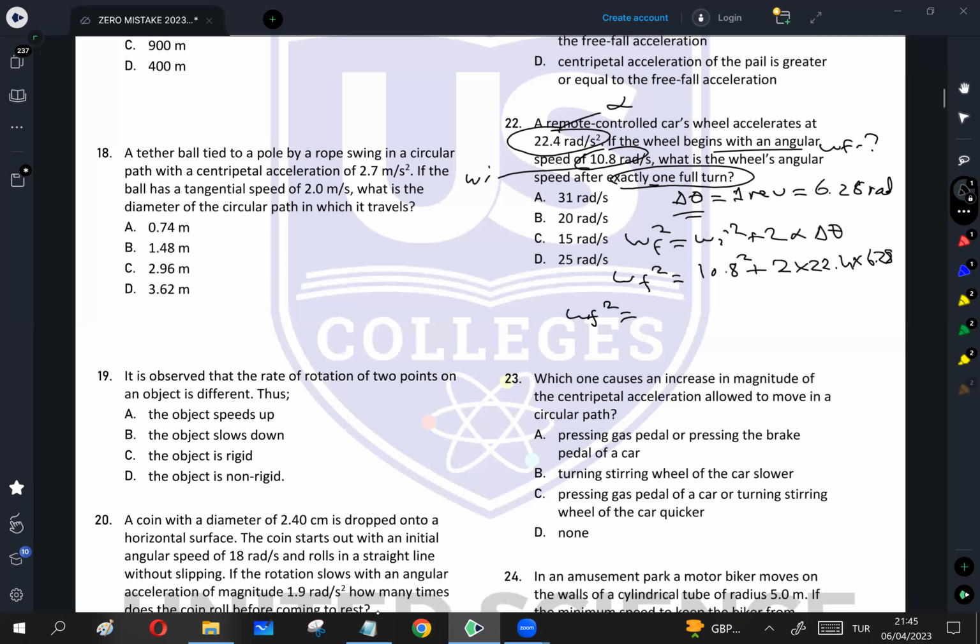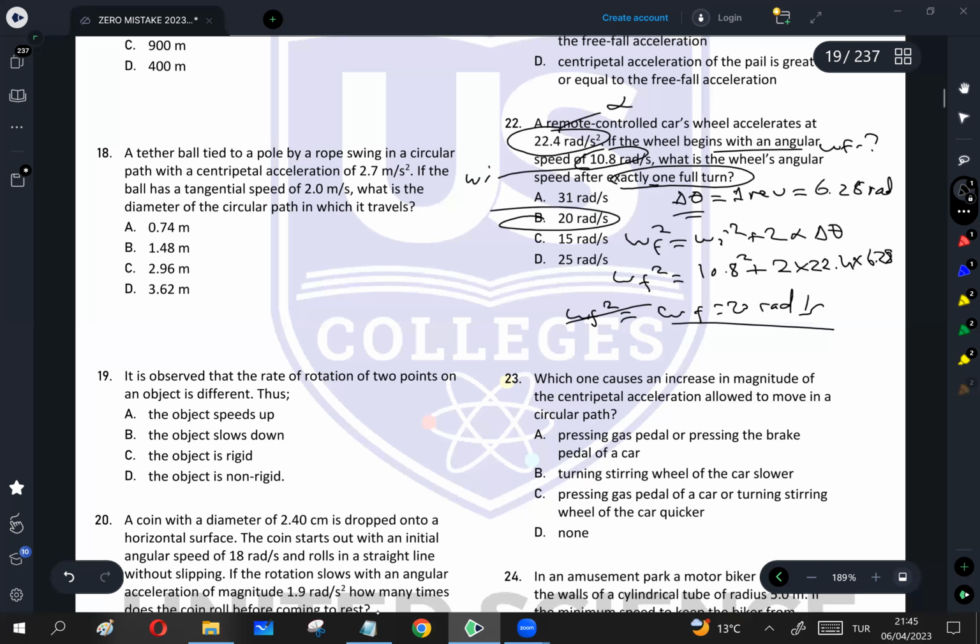The result is 394.98, almost 400. So omega final is going to be 20 radians per second, and that is the correct answer for this question.